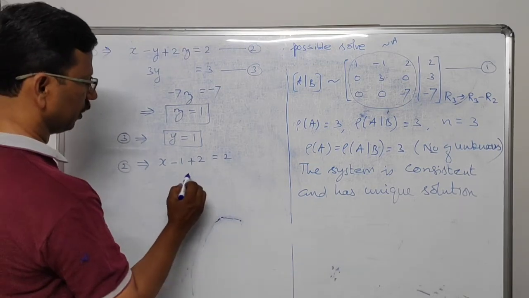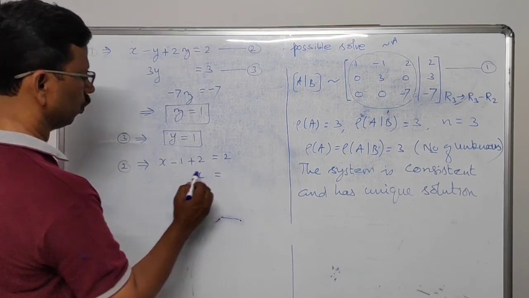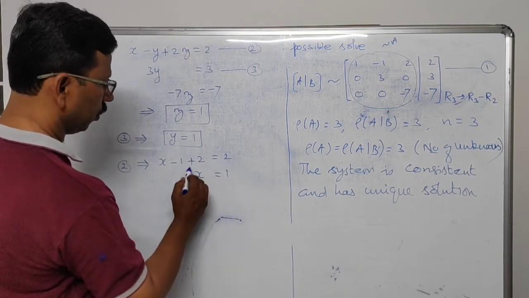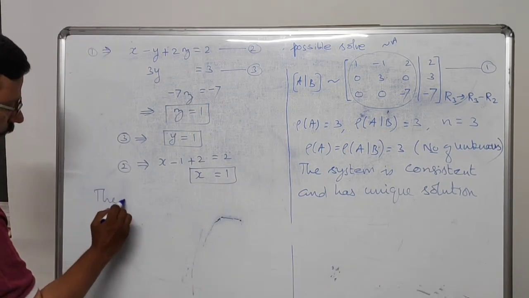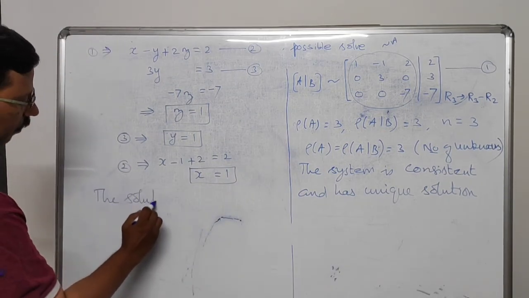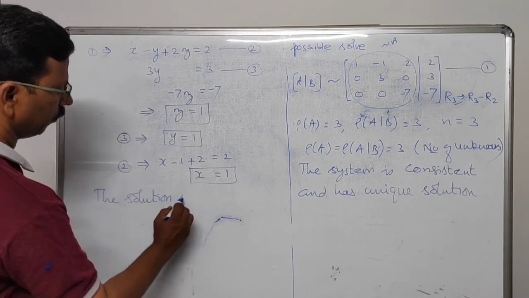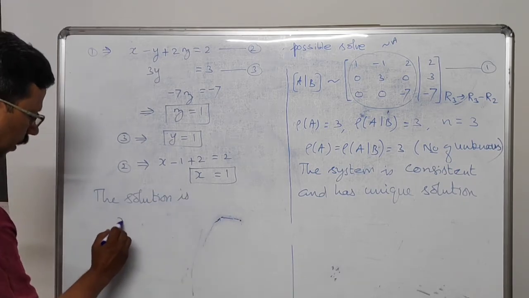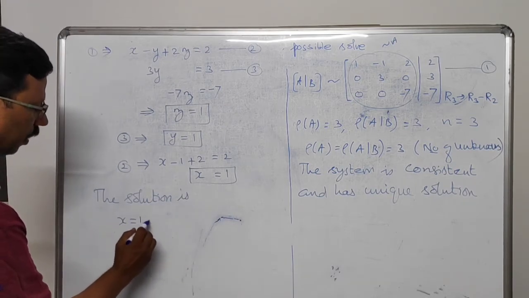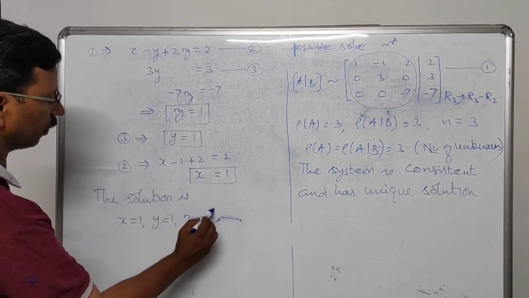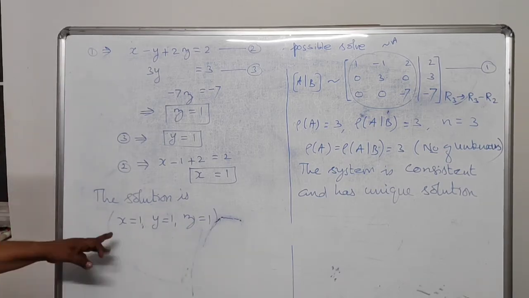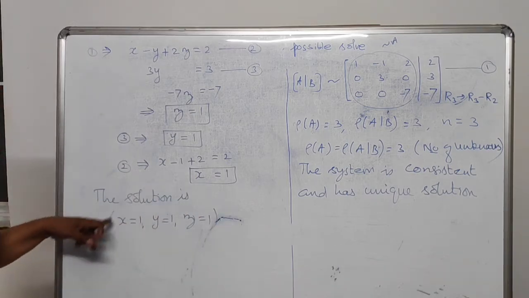Now from this you can say x is equal to 1. Therefore, the solution is x is equal to 1, y is equal to 1 and z is equal to 1. Therefore, we can say the system has a unique solution.